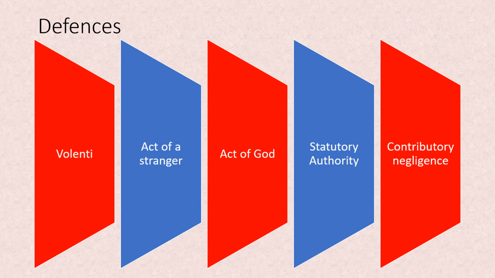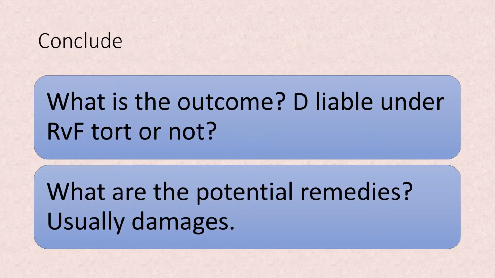Now statutory authority, if the person has permission to keep, hold, store or accumulate this kind of thing on the premises, then there may not be liability if all the elements are not satisfied, or even if they are to a degree. So statutory authority, and of course this extends to local planning permission also.